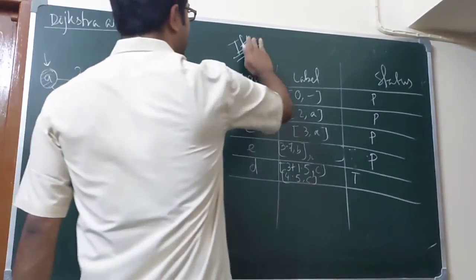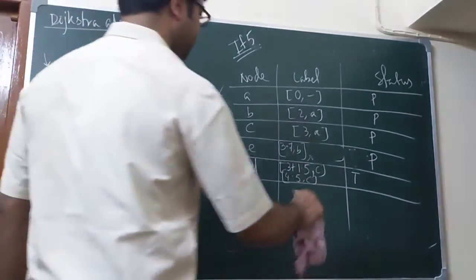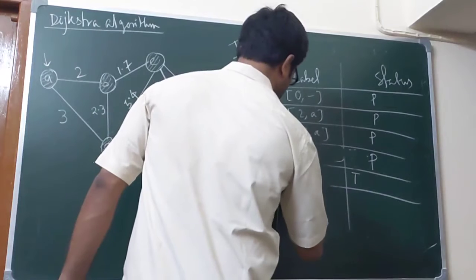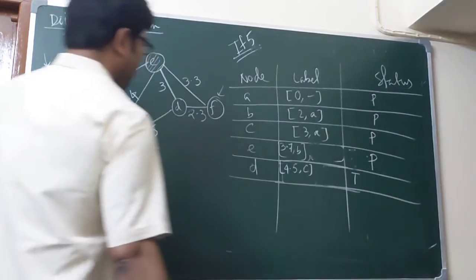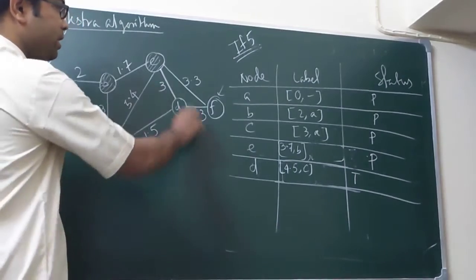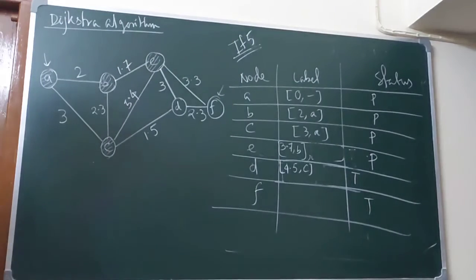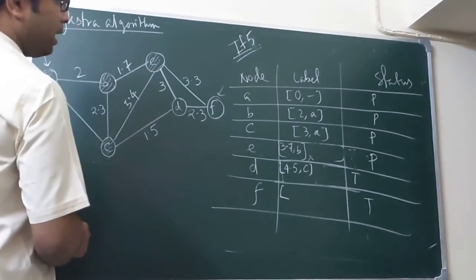Next, we go for the next iteration, iteration 5. This is 4.5 from C. In the next iteration, the last node can be accessed from E, so you have to introduce this F and make its status temporary. What will be the level of F?